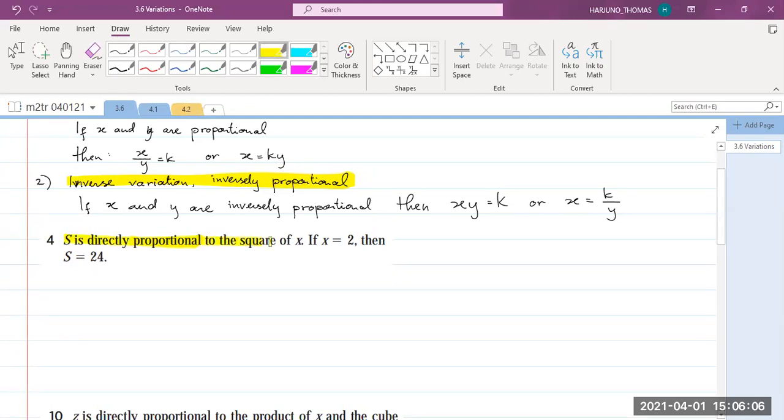From that yellow color, we get this right away: S equals K times the square of X. Okay, that's what we know. Then from the second sentence, when X equals 2, then S equals 24, I plug in numbers. 24 equals K times 2 squared.